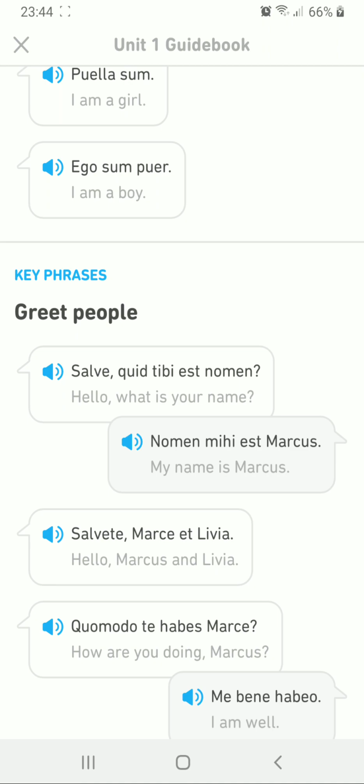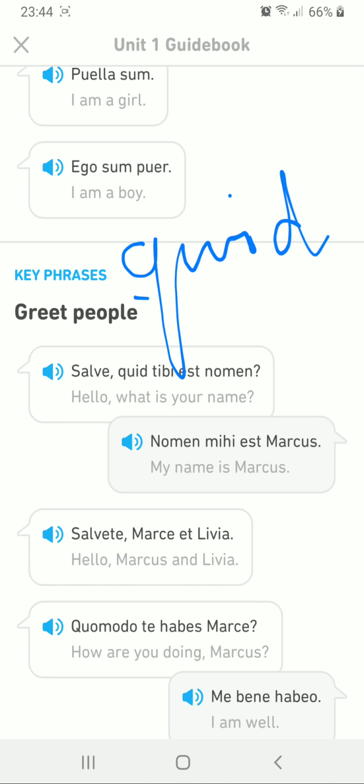Here we have key phrases, and this is about greeting people. Salve, quid tibi est nomen? So this word is very important. Quid means what.